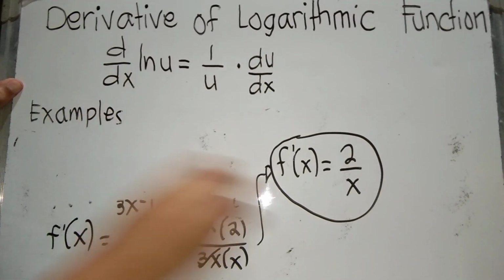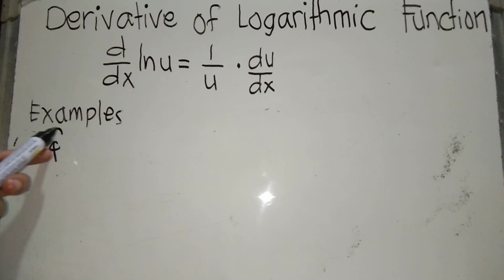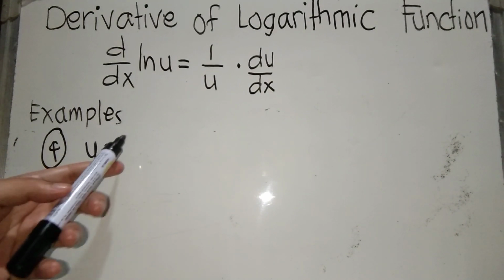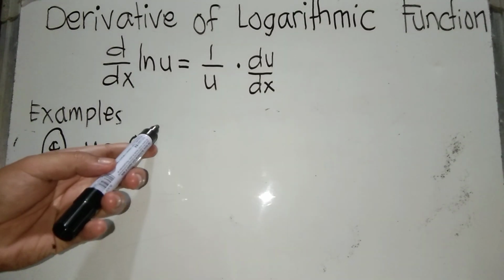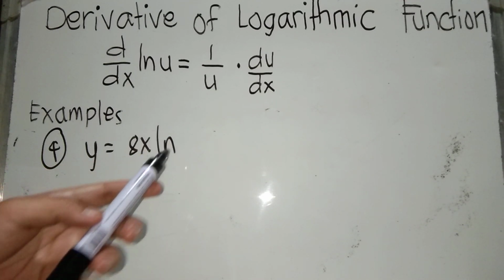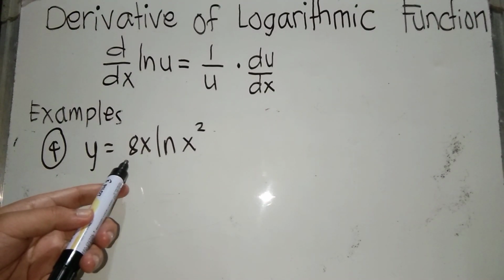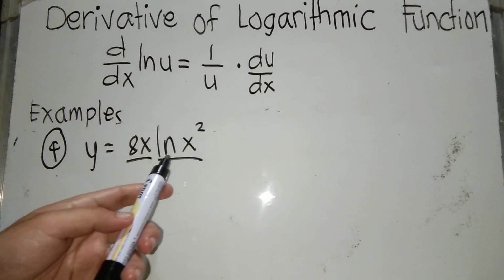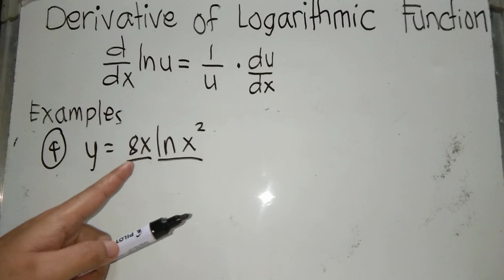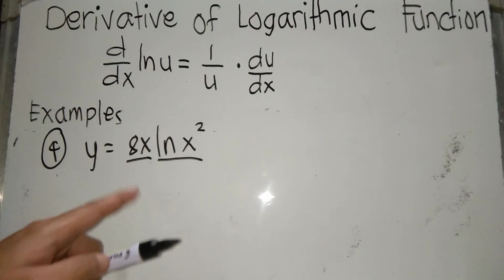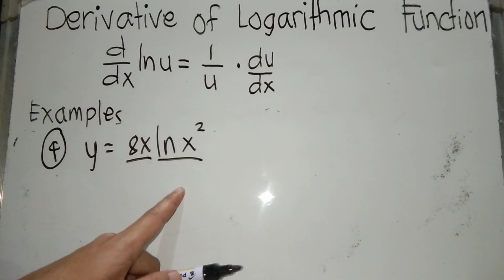Another example. If you have here y is equal to 8x times ln x squared, as you notice, you have here a function multiplied by a function. So 8x and ln x squared are being multiplied. So we will be using here the product rule. Our first function will be 8x and our second function will be ln x squared.